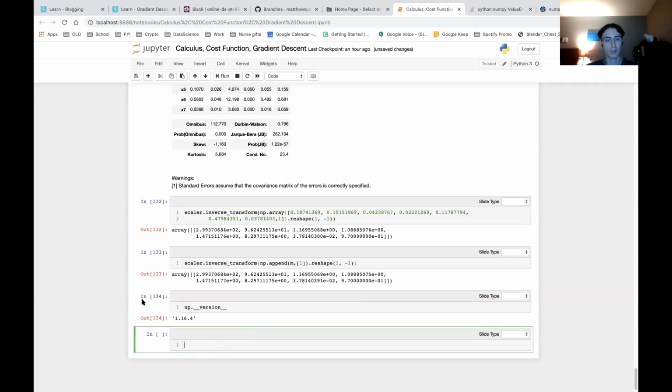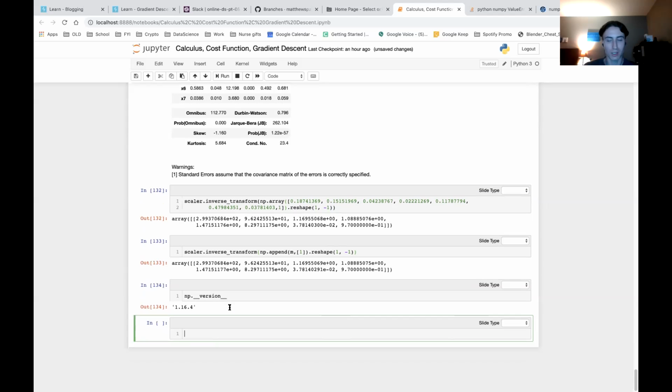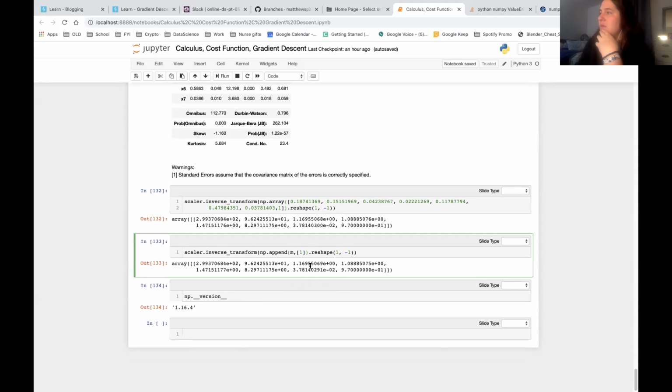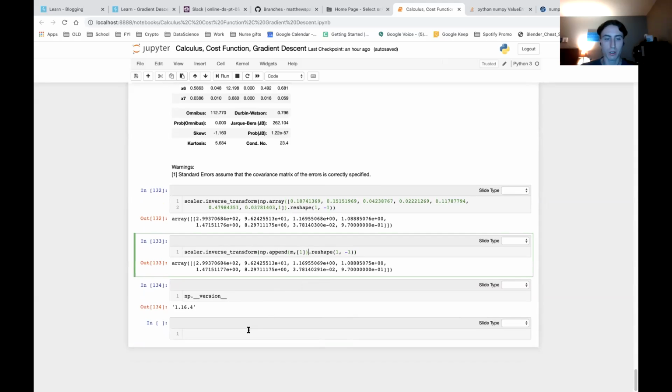Okay. Well, that's kind of odd then. I thought both of you would have a newer or older version, but everyone's kind of all over the place. So it's probably related to that. Inverse transform. Could it also be the sklearn? Yeah, it could be the sklearn too. So maybe try doing import sklearn and then sklearn.__version__.